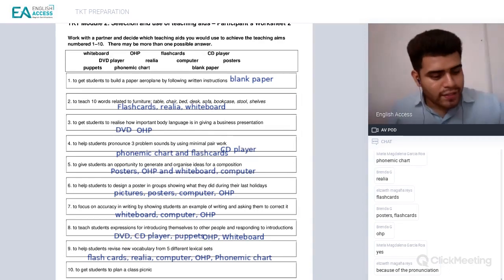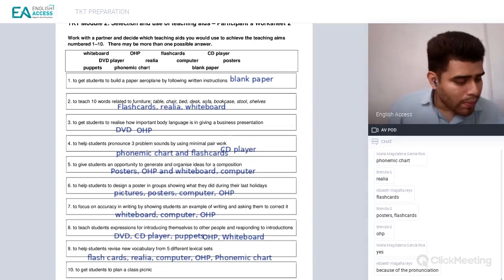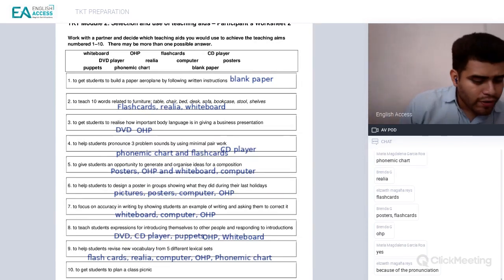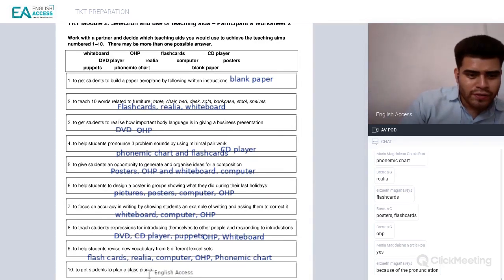And 10, blank paper, posters, and whiteboards.